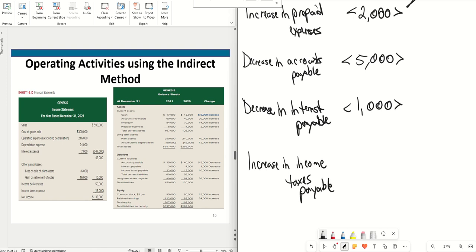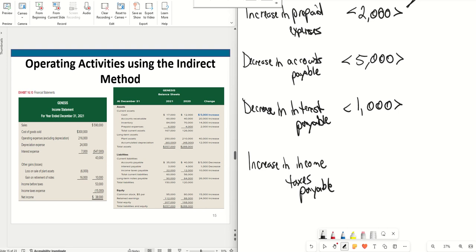Since taxes payable increased by $10,000, from 12,000 in 2020 to 22,000 in 2021, that means more income taxes is owed than the cash that was paid out on those income taxes.